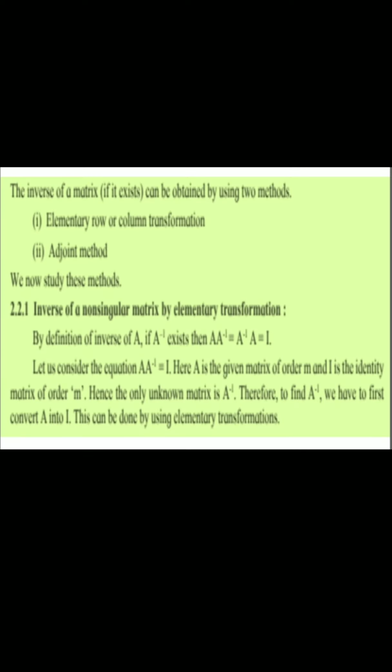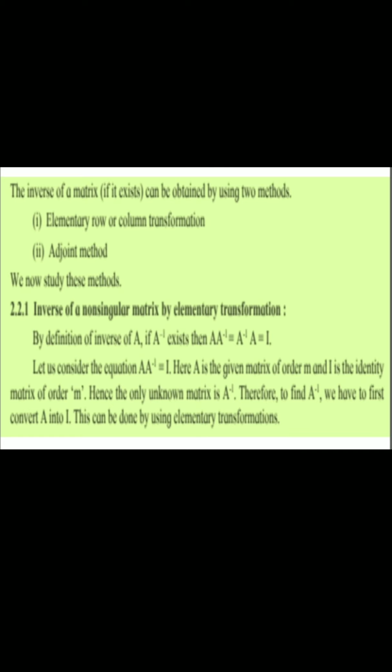The inverse of a matrix, if it exists, can be obtained by using two methods. First, elementary row or column transformation, and second, the adjoint method. We now study these methods. First, inverse of a non-singular matrix by elementary transformation.